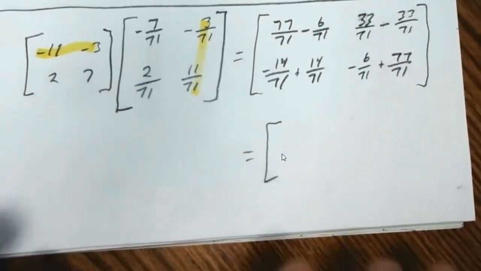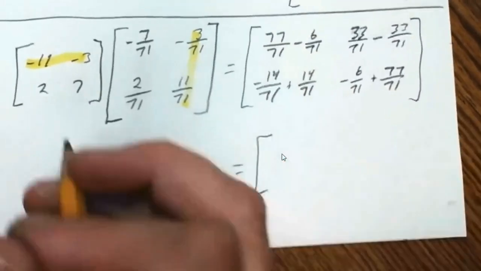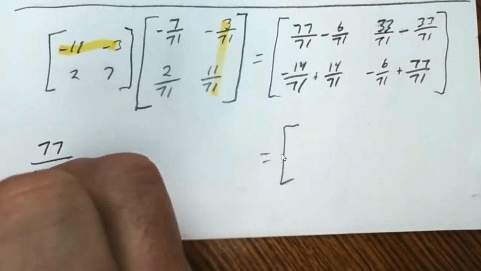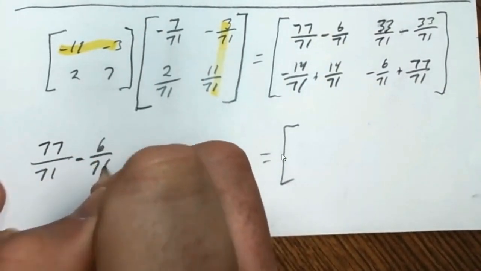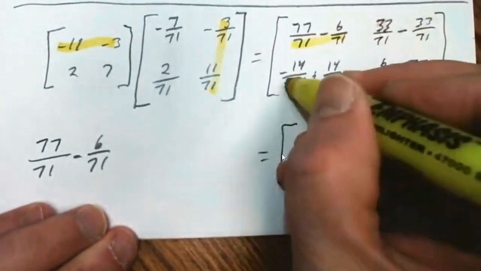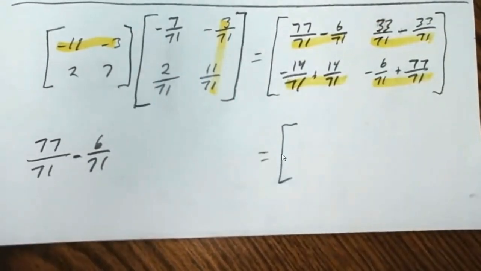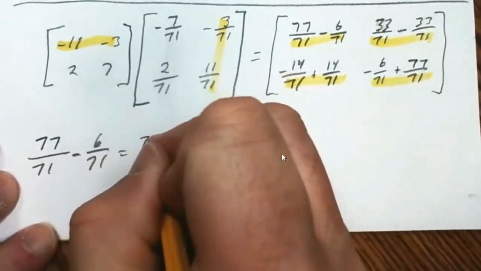All right, now we just need to simplify this. 77/71 minus 6/71. Remember, when you're subtracting or adding fractions, you have to have the same denominator. Well, that's great because every one of these has the same denominator. So all we have to do is just add or subtract the numerators. 77 minus 6. That's 71.